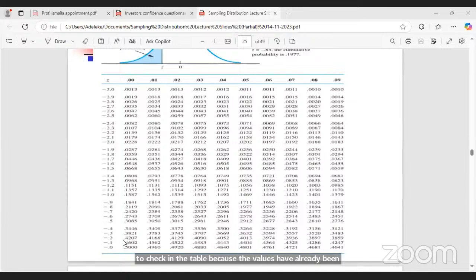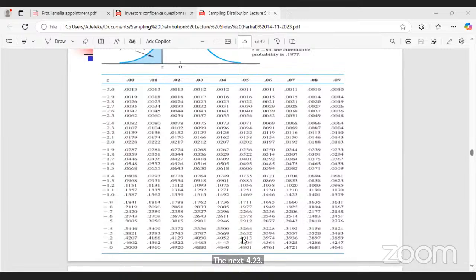So the first one here is the value when you integrate from minus infinity to minus 0.20. The second one is when you integrate to minus 0.21. The third one is when you integrate to minus 0.22. The next 0.23. The next 0.24.